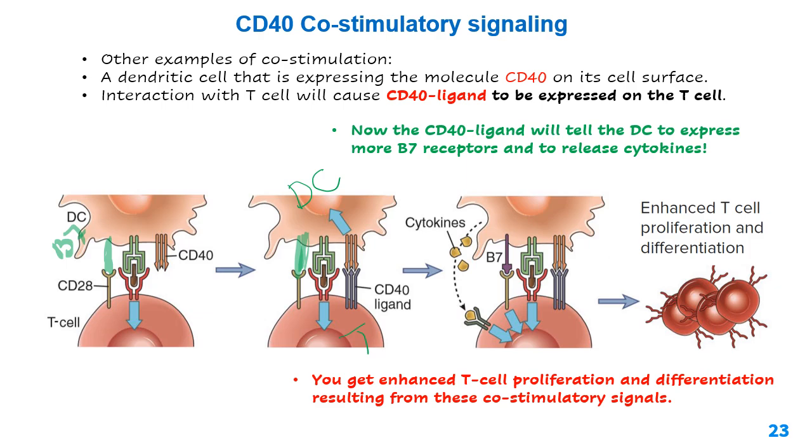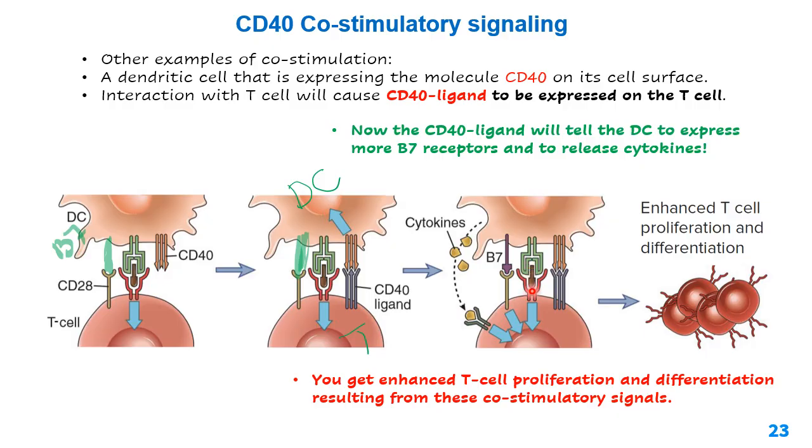This interaction here, CD40 to CD40 ligand, is really more important for your B cells. I want you to remember it more in relation to B cells. It's also important for dendritic cell activation of cytokine production, but I want you to remember that those two interactions are really more important.